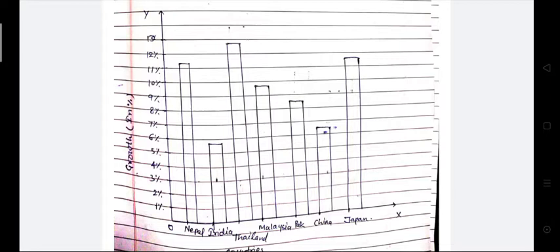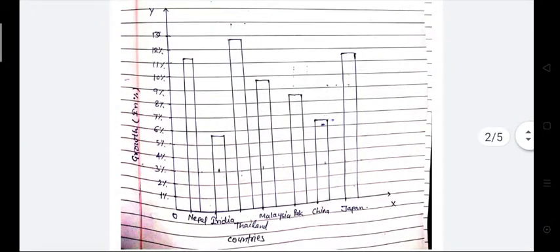The horizontal line from O to X represents the x-axis, and the vertical line from O to Y represents the y-axis. On the x-axis we shall represent the countries, that is Nepal, India, Thailand, Malaysia, PAK for Pakistan, China and Japan. And on the vertical, the y-axis, we shall represent the growth rate of these countries.